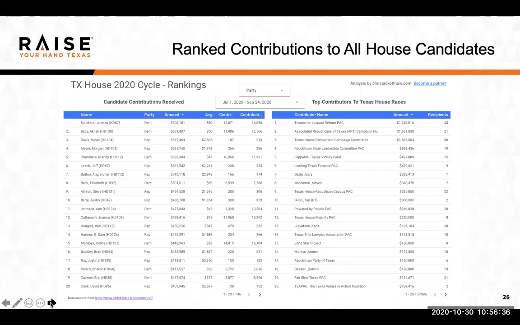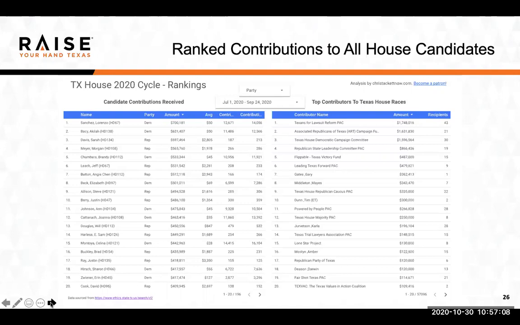In this case, during this time period, it was Lorenzo Sanchez, having received $700,000 with an average contribution value of $50, coming from a total of 12,671 contributors or contributions. I can't read the total, so I don't know which one is contributions and which one is contributors.